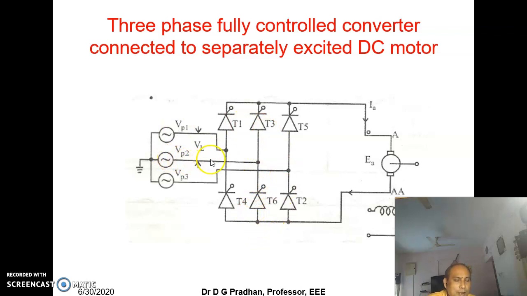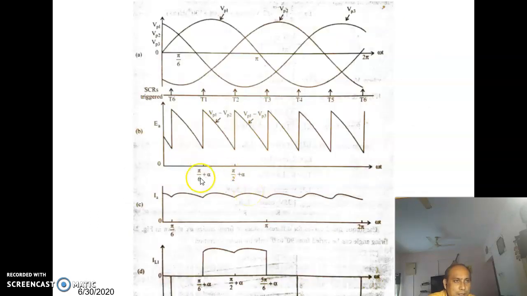The corresponding output voltage will be the difference of Vp1 and Vp2. During this period T1 and T6 are conducting, so the corresponding line voltage will be Vp1 minus Vp2.